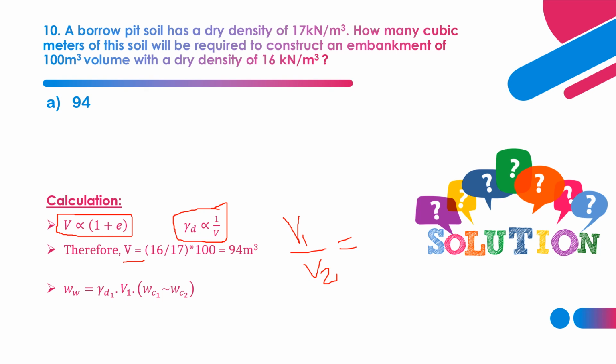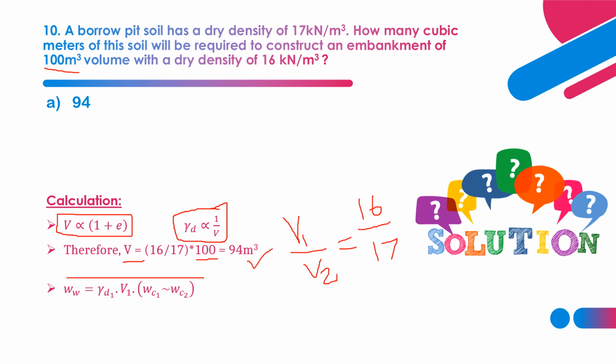Therefore v1 by v2 is nothing but 16 by 17. 16 is the dry density of embankment to be achieved. 17 kilonewton per meter cube is the dry density of borrow pit soil. So that's why we have assigned like this 16 by 17. So v1 is equal to 16 by 17 into v2. What is v2 here? Volume of embankment to be achieved, that is given as 100 meter cube. So 16 by 17 into 100 gives answer as 94 meter cube.